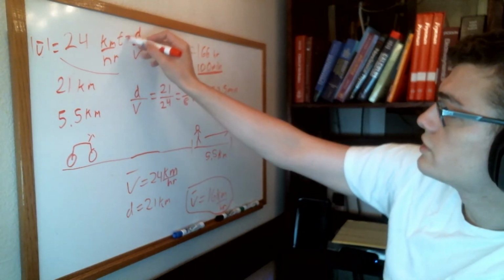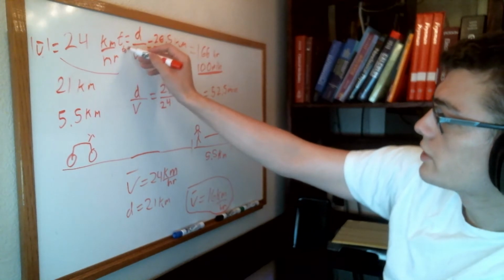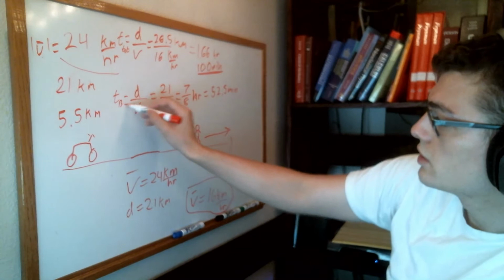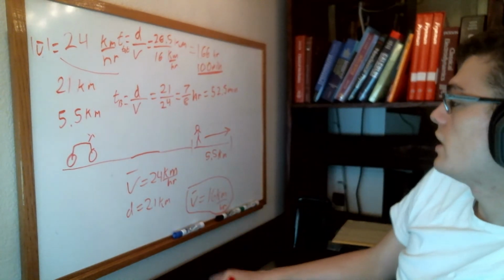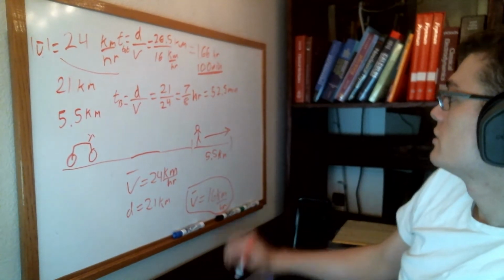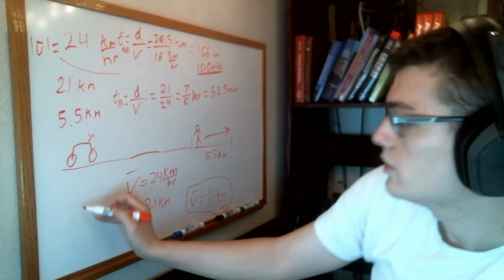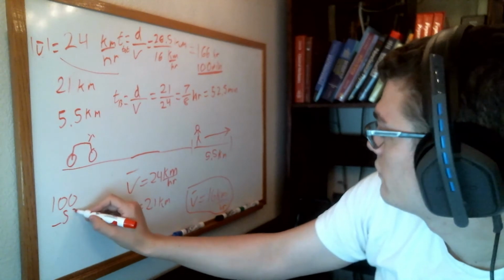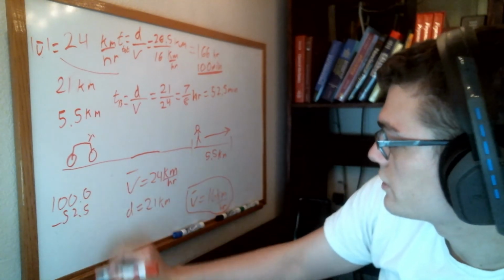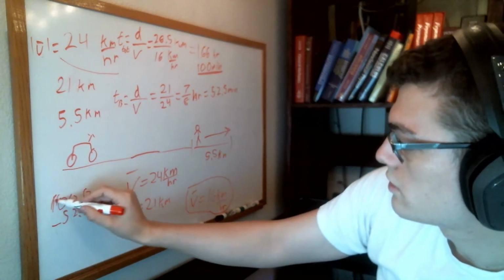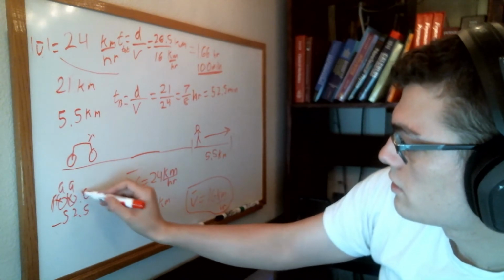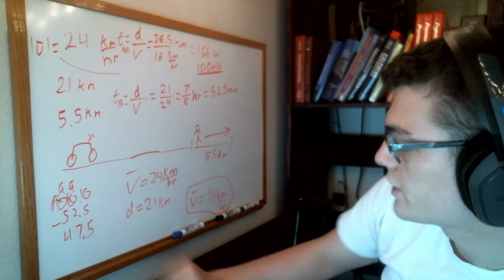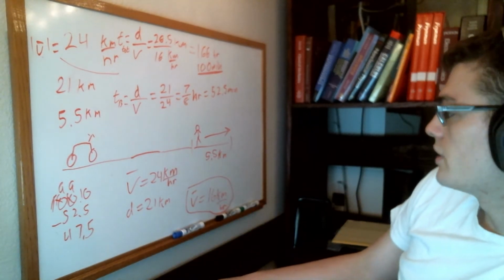So this is T, I'm going to write this as T total, and this is T bike, TB. Now we need to find T running, so we just need to subtract these two. This is going to be 100 minus 52.5, which is 47.5.